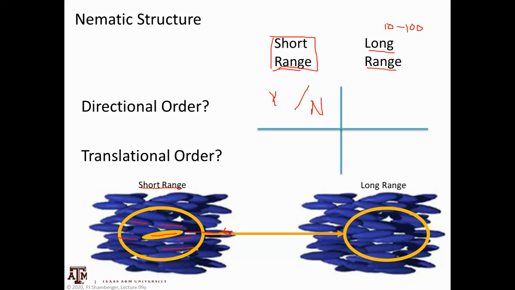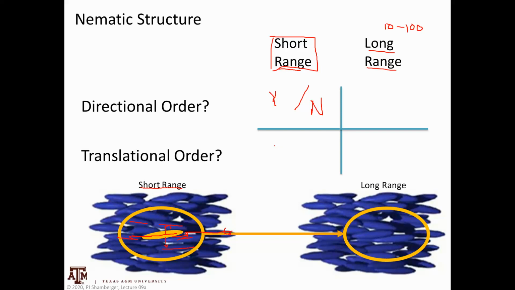Let's think about when we're talking about amorphous solids. We know that there is always some degree of short-range order. If I see a molecule here, it's going to have nearest neighbors that are some pretty well-defined distance away. That's just because of the shape of the molecule and the surrounding molecules.